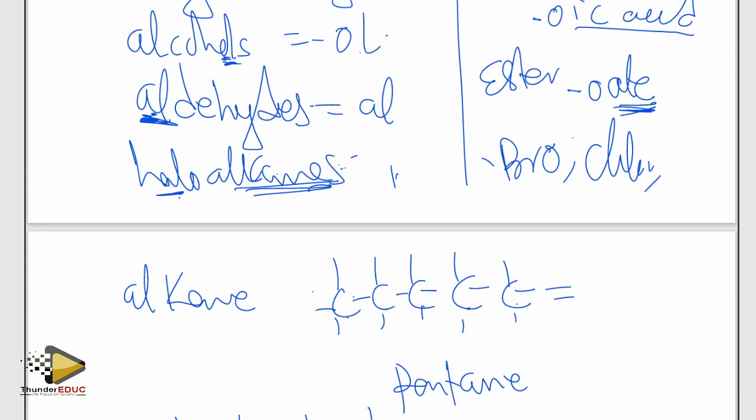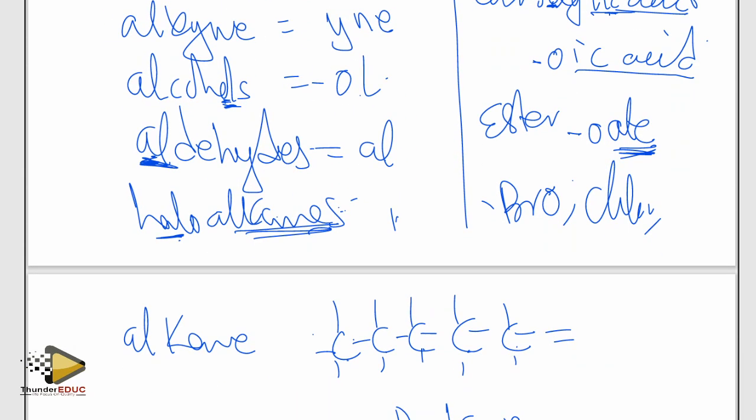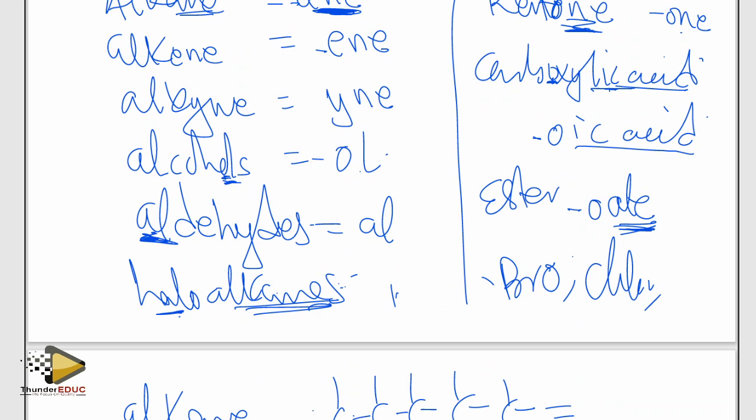Then we go to the next one, maybe alkyne. I have maybe 1, 2, 3, 4, 5, 6, and now I have a triple bond there. The others are single bond throughout. Don't forget to put those single bonds.